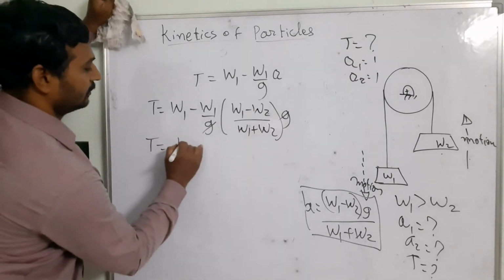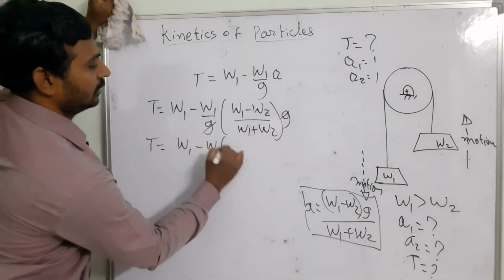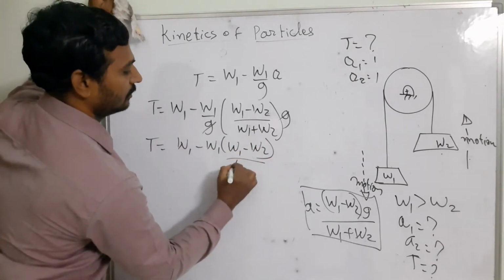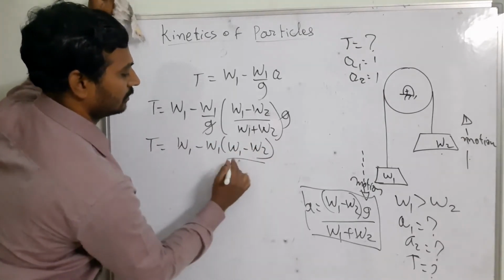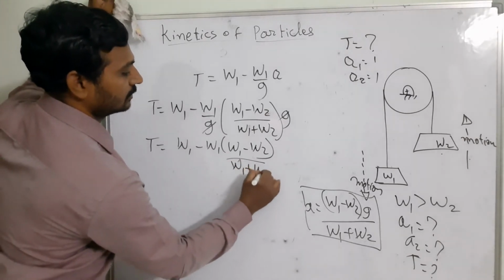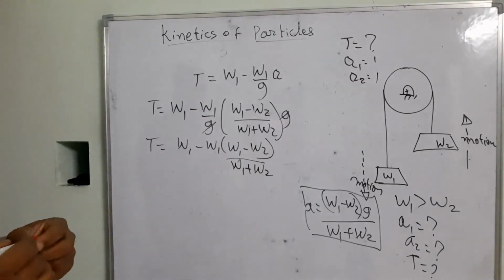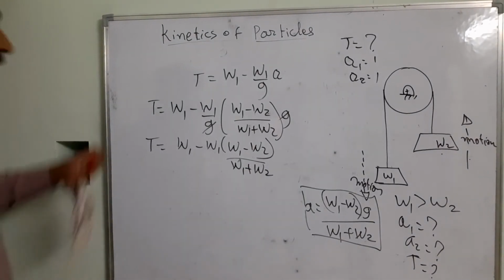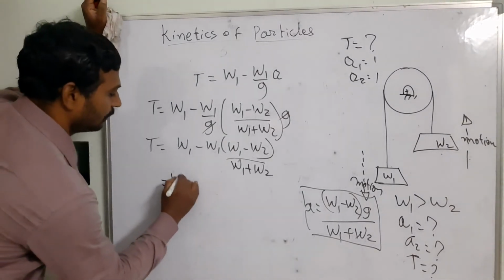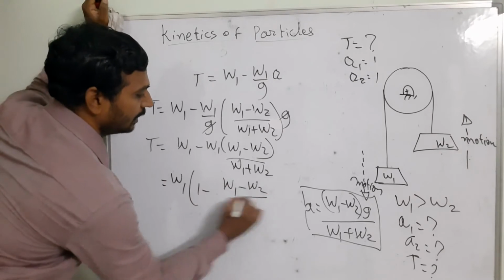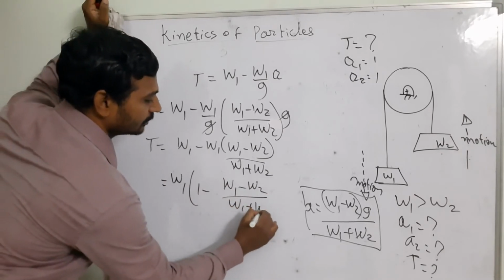So if I simplify this equation, it will come this way: W1 minus W1 into (W1 minus W2) by (W1 plus W2).